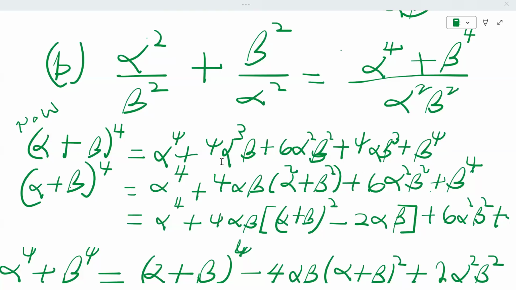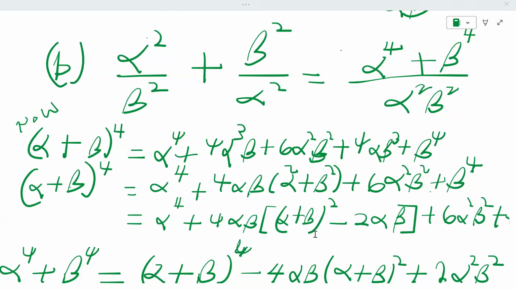With this established, let us try to simplify what we have in the middle. So we will pick 4 alpha cubed beta plus 4 alpha beta cubed. And when we do that, with some factorization, we shall get this. Now, when we get this, we need to express this in terms of alpha plus beta and alpha beta.